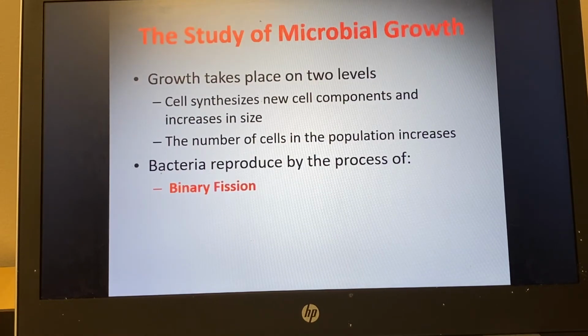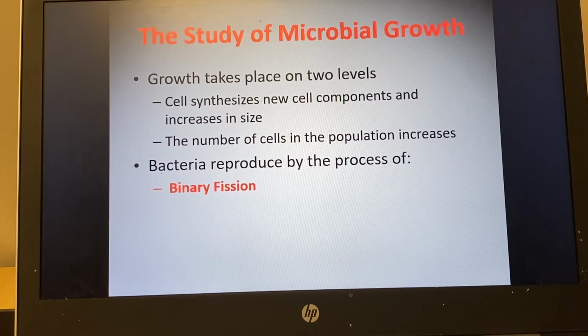Finally, we're going to talk about the microbial growth curve. Because we're mostly talking about bacteria, I'm going to refer to it as the bacterial growth curve. When bacteria grow, remember, they are prokaryotes, so they don't have a nucleus. They don't have organelles. They just have very basic components.